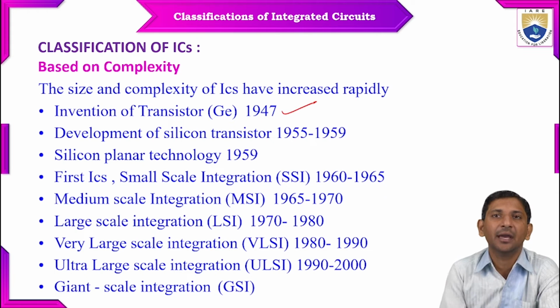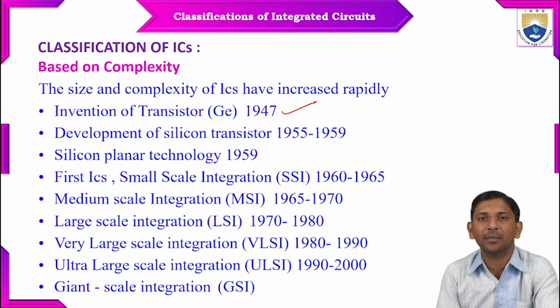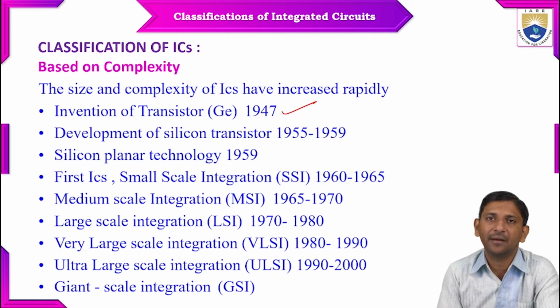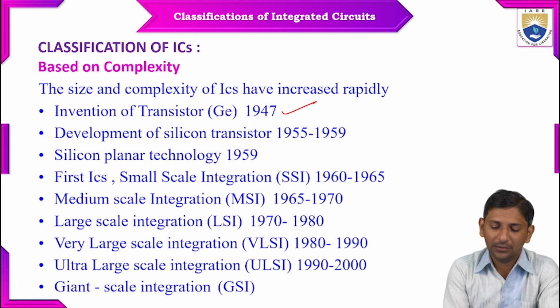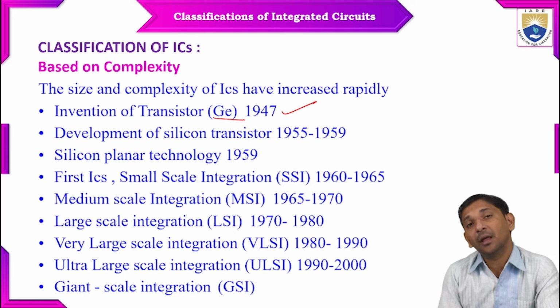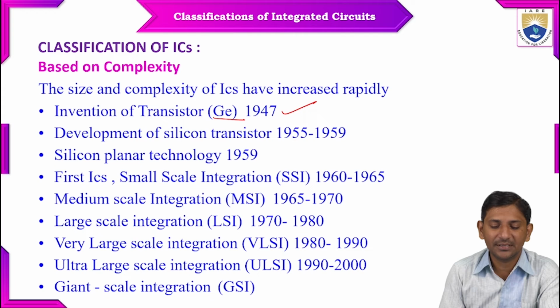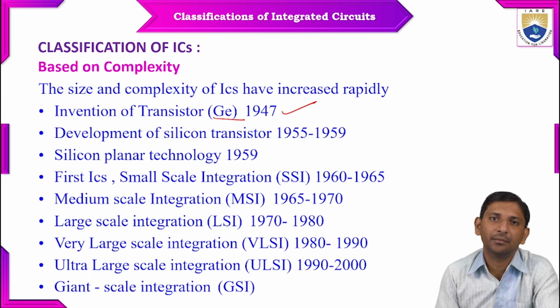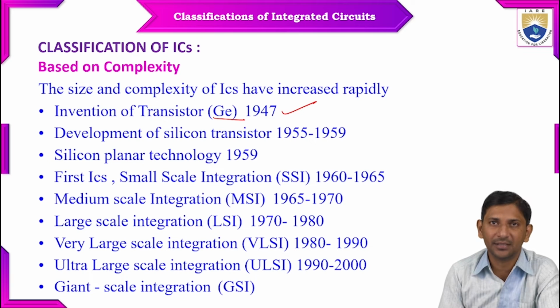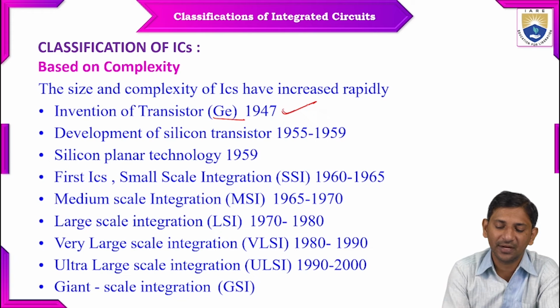in 1947, when the transistor came into the market, using germanium material, which could be silicon and germanium, which started this electronic system using the transistor, which could be used for the design of integrated circuits, first in 1947.